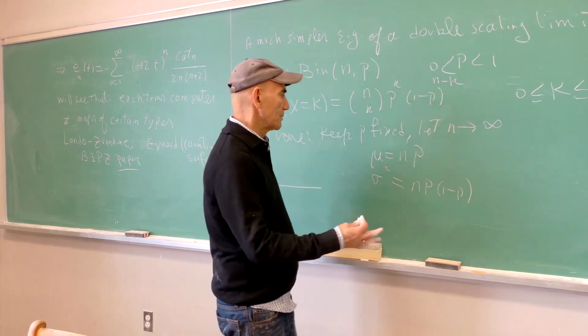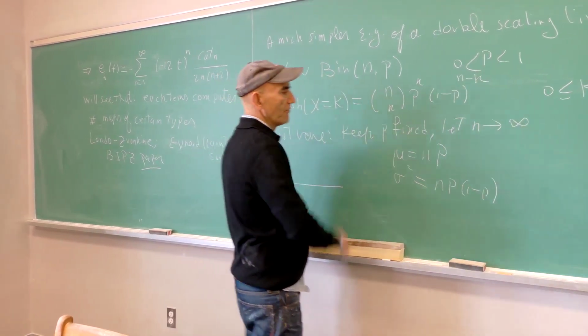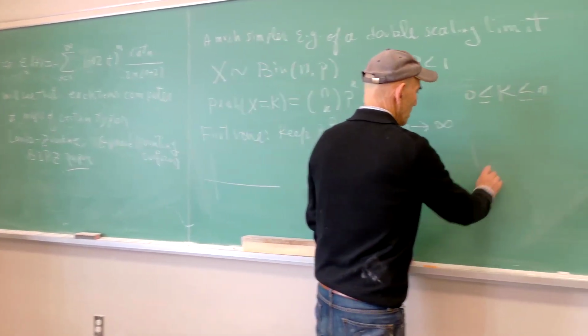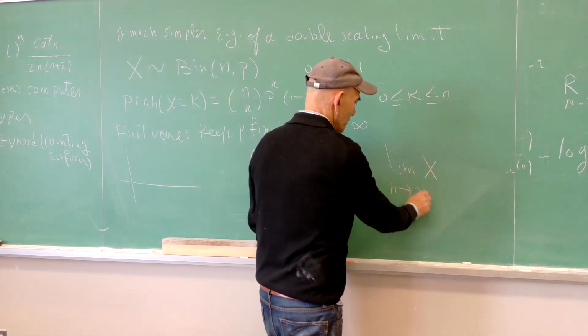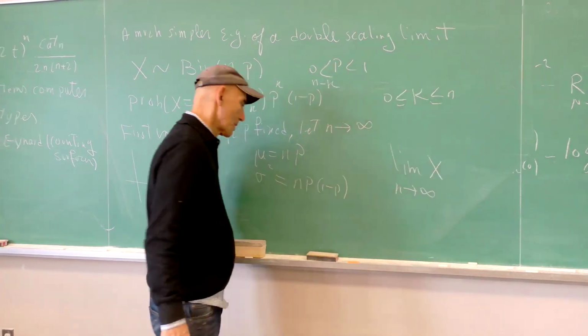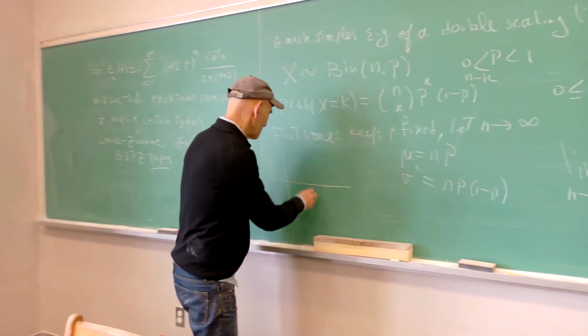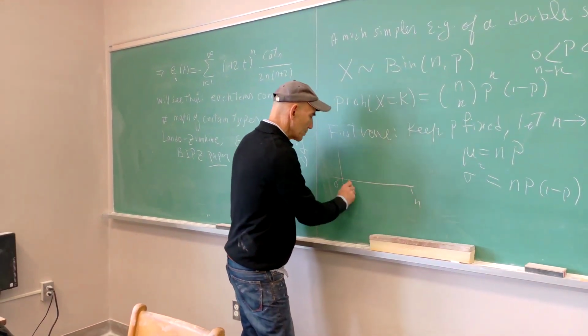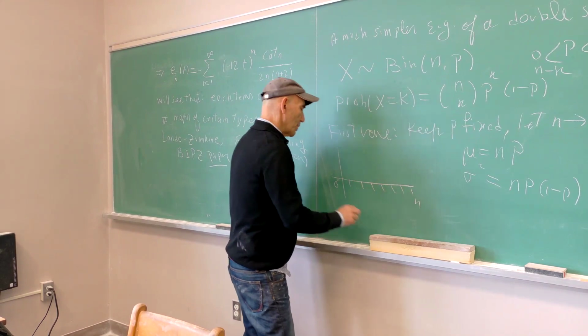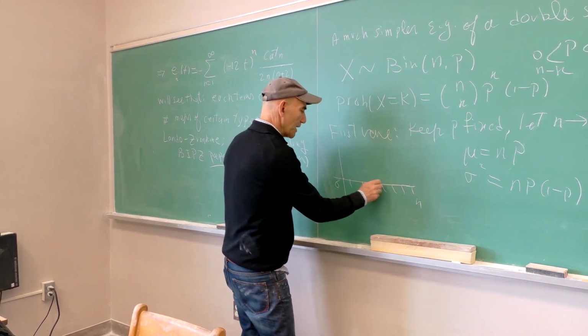So it's a bit problematic to say what is the limit of X as a probability distribution as n goes to infinity, because it's like a moving target. Here is 0 and here is n, and the mean is np.